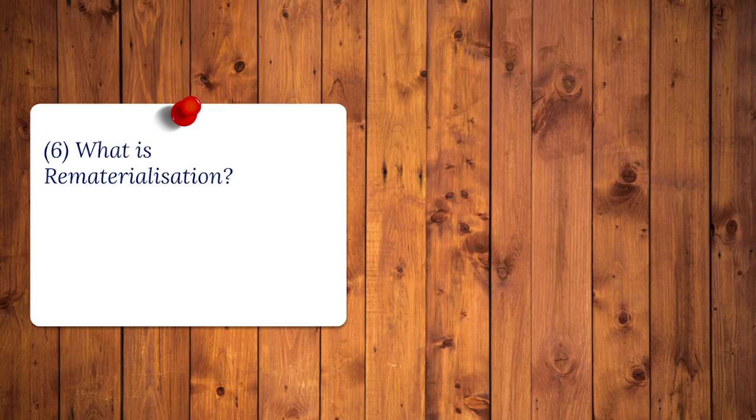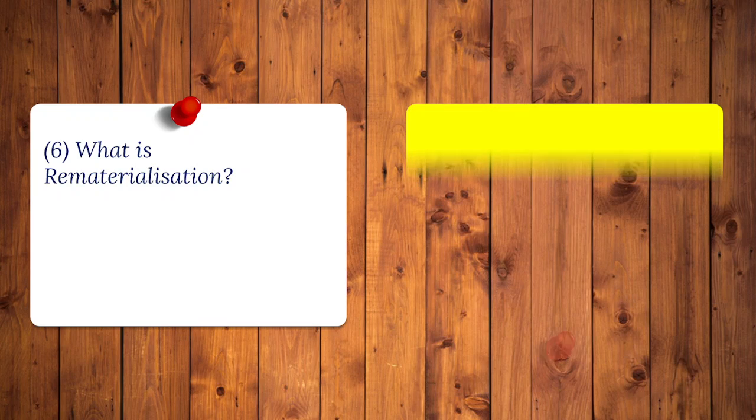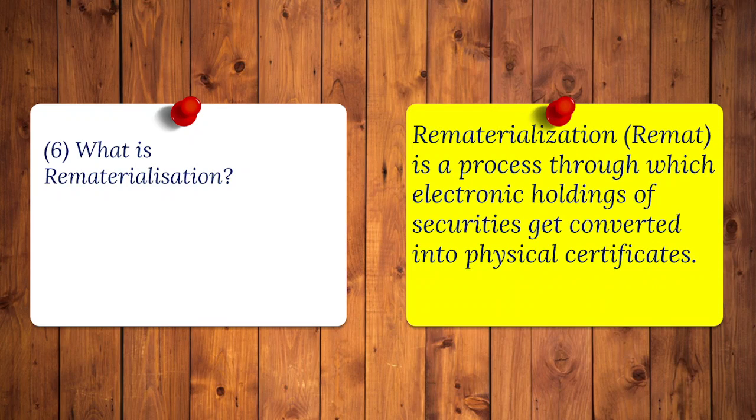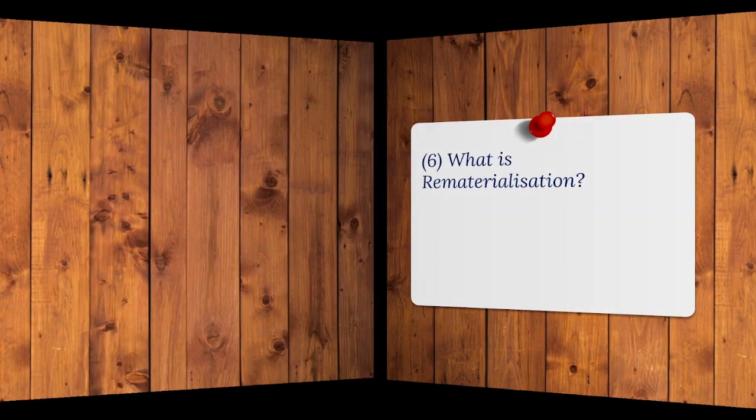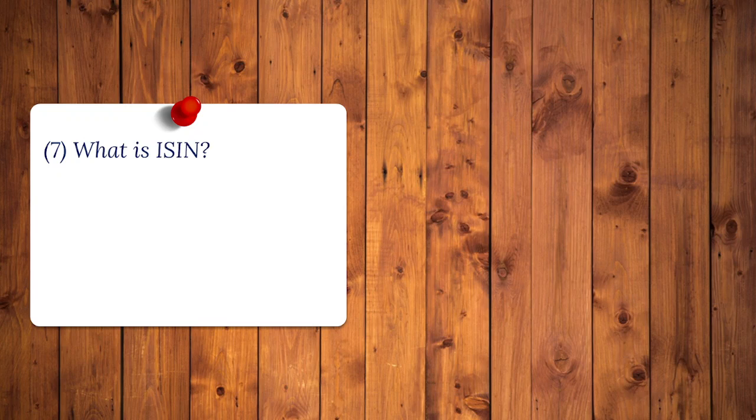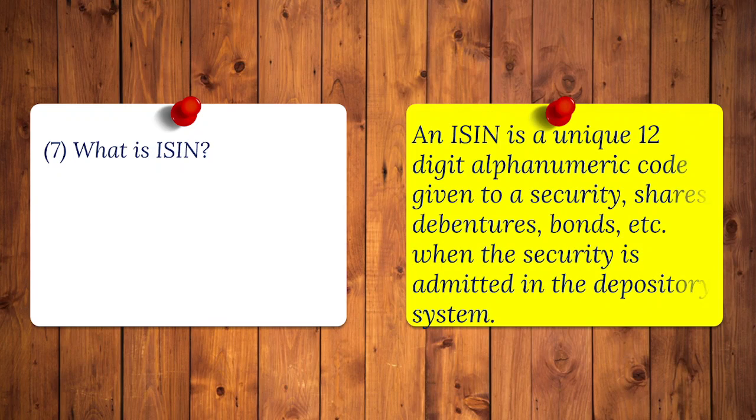6. What is rematerialization? Answer. Rematerialization, that is remat, is a process through which electronic holdings of securities get converted into physical certificates. 7. What is ISIN? Answer.